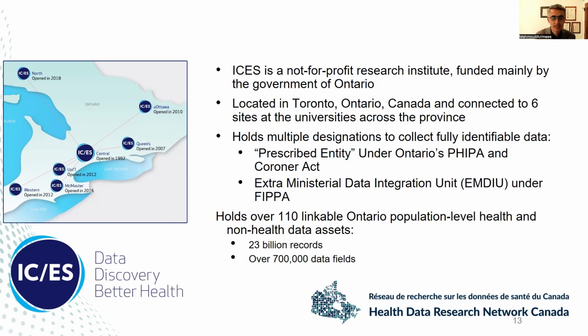And that means ICS has and will have access to more data in a fully identifiable format, which all needs to be linkable and also protected from the privacy perspective. And that's why this project is very important for ICS. And as you see, ICS holds over 110 linkable Ontario population-level health and non-health data, which includes a lot of data points.